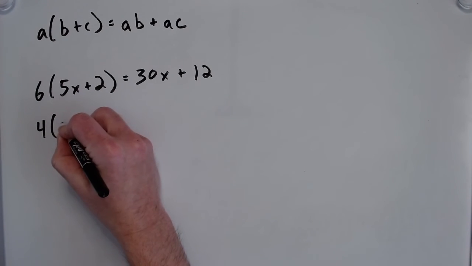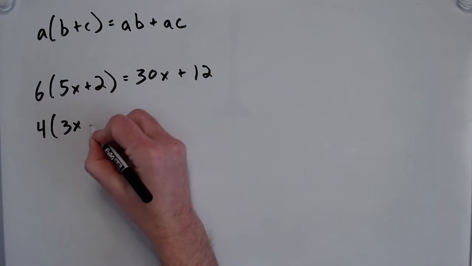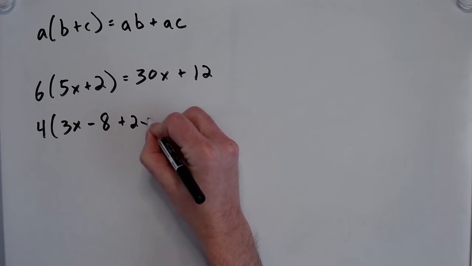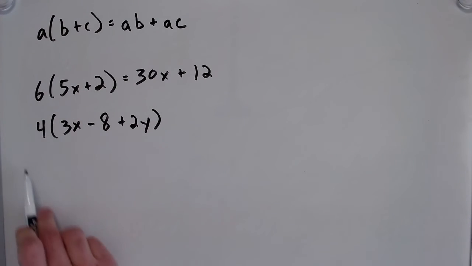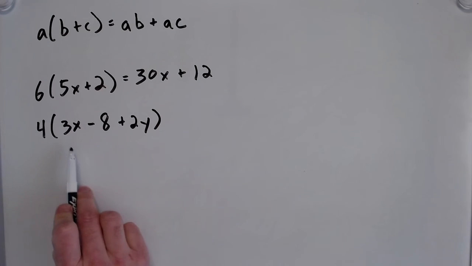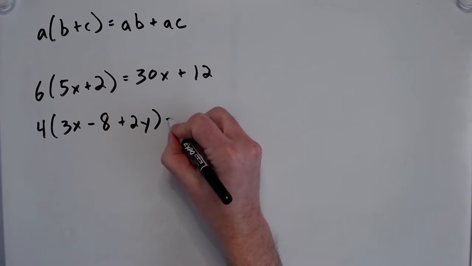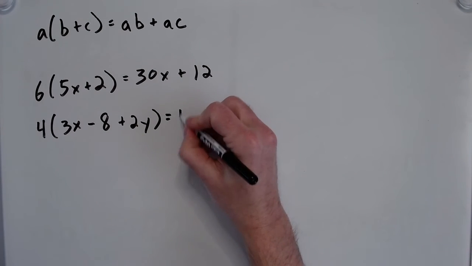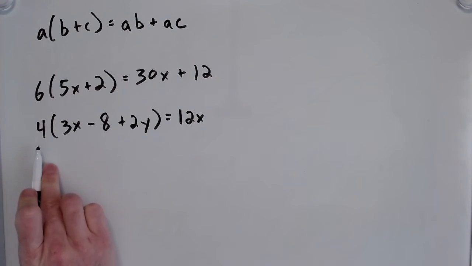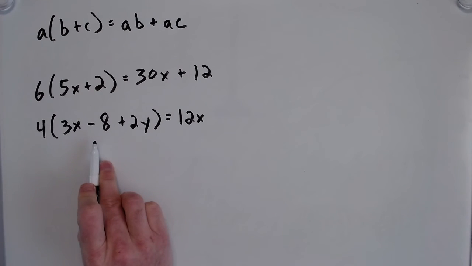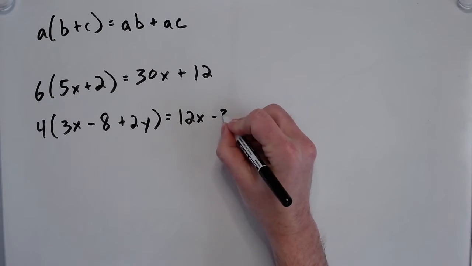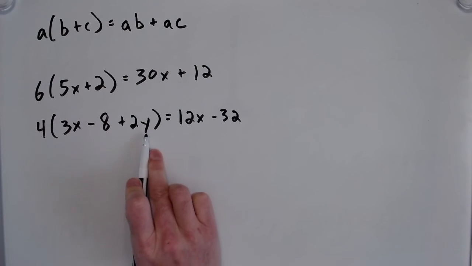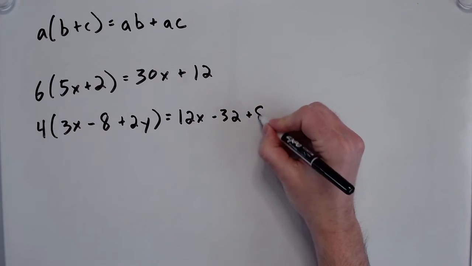4 times (3x minus 8 plus 2y). You just need to distribute the 4 across every item inside the parentheses. 4 times 3 times x is 12x. 4 times minus 8, so minus 32. 4 times 2 times y, plus 8y.